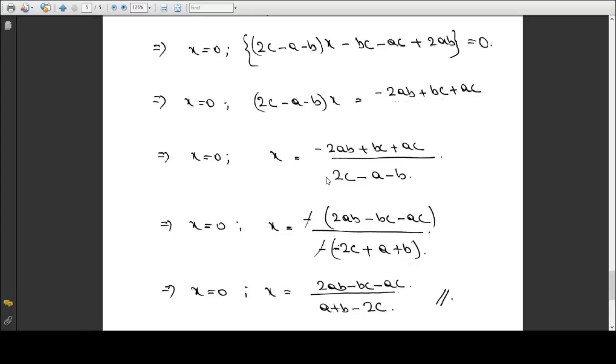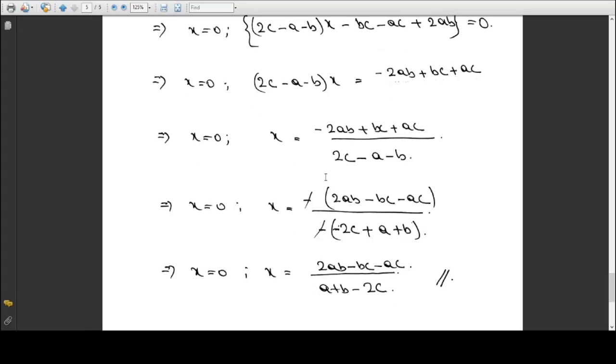And then in the denominator you take the common term by x, by minus sign. Why are we taking it? Because we want to cancel this minus with minus to become plus. Now here this 2c is plus. You simply take minus sign common for this term.